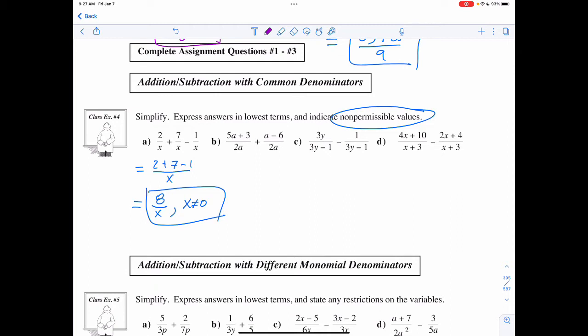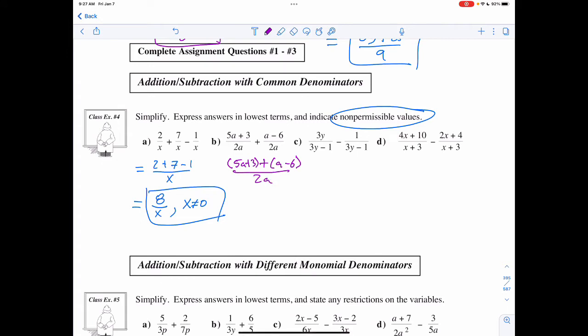When I get to example B, then I have 2a and 2a. Once again, same denominator. So I can say that I'm going to take all of this, 5a plus 3 is getting added to a minus 6, all over 2a.